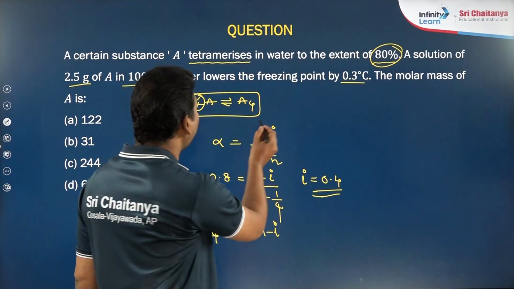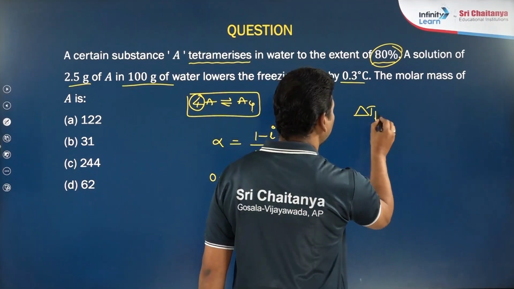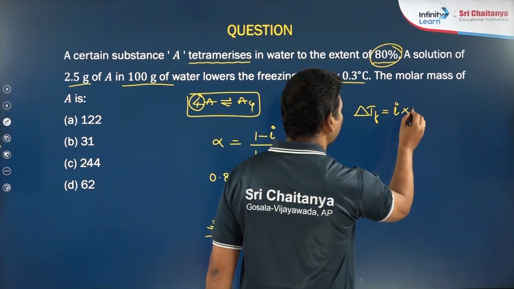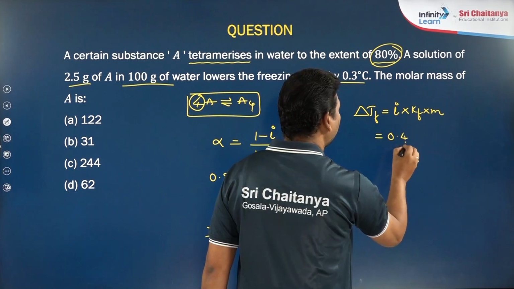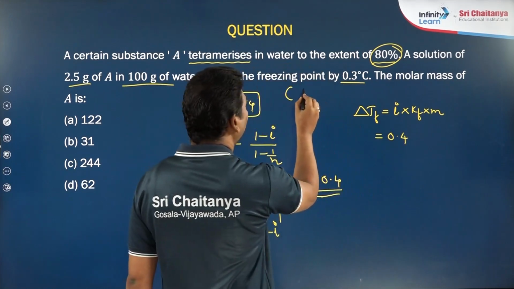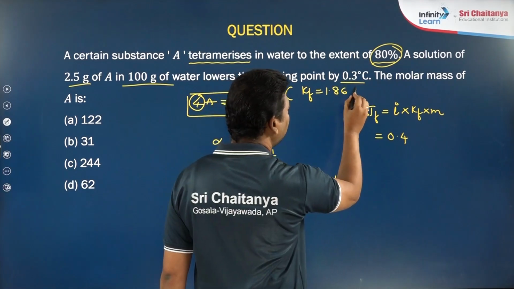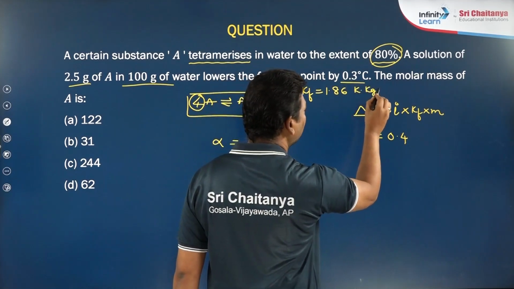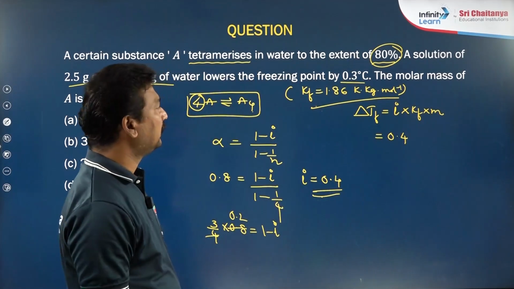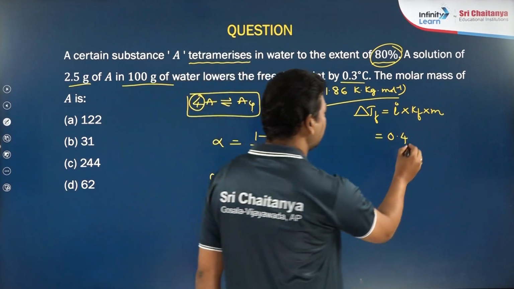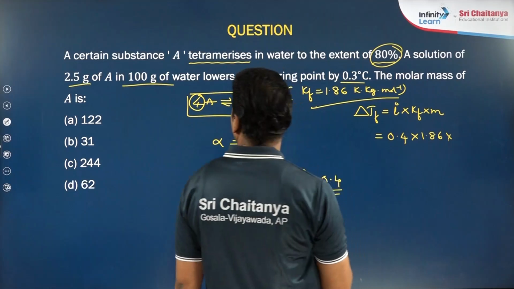And here it is the depression in freezing point, lowering of freezing point. What's the formula? Delta Tf is equal to I into Kf into molality. I value 0.4, Kf value 1.86. In general, they will give 1.86 Kelvin kg per mole. Here a typo mistake, they will give 1.86. Molality we need to expand.